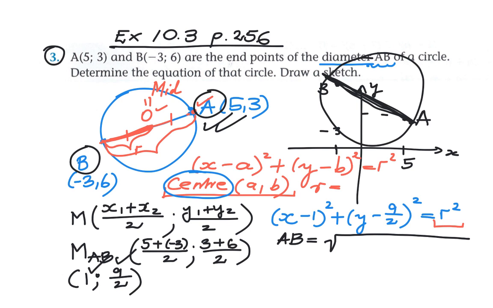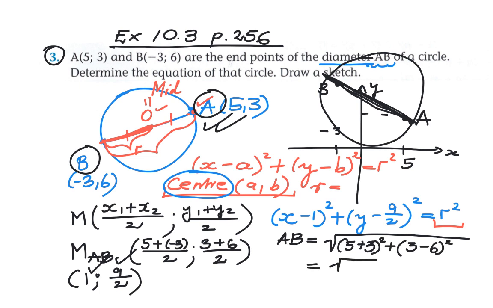It's your choice. You can pause now, do the substitution and calculate the whole length of AB, the distance of AB. So we have the x coordinate of A minus x coordinate of B, squared, plus the y coordinate of A minus the y coordinate of B, squared.